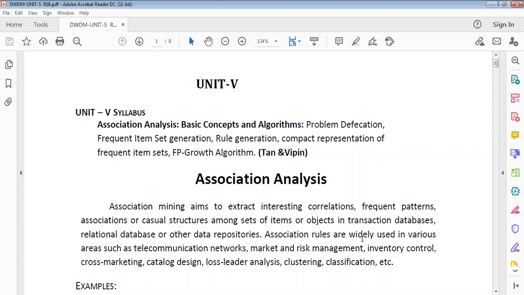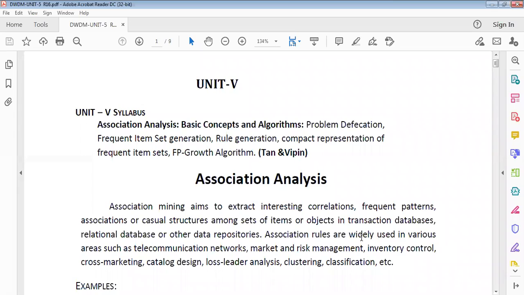So for any database you consider, you look at which frequent items are purchased by the customers, or items purchased for each customer. Here we analyze items or objects in various databases.